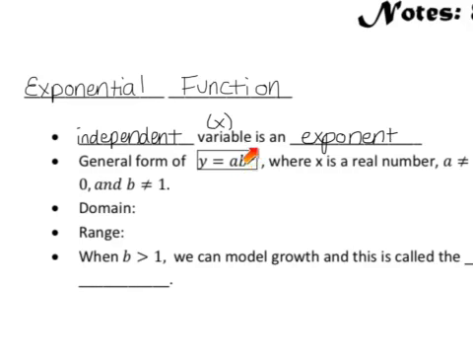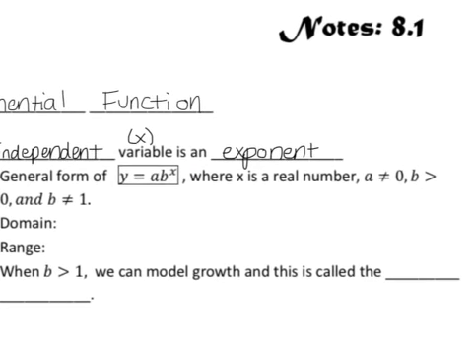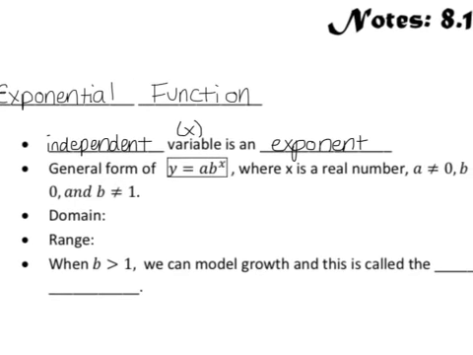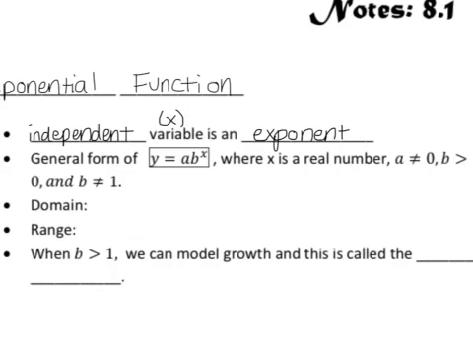We see x is the exponent, and that's what makes it an exponential function. X has to be a real number. A cannot equal 0. B has to be greater than 0, so B has to be positive. And B cannot be 1. There are lots of little stipulations here about A and B.